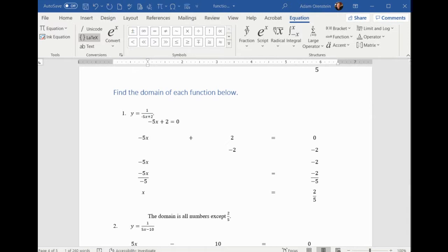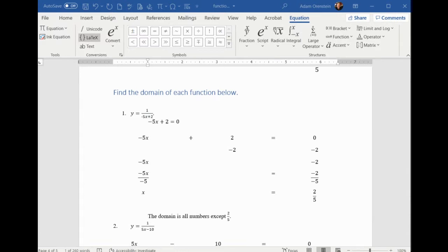You have it in the denominator, so the domain is going to be all x such that the denominator is not 0. What's the denominator here? Negative 5x plus 2. So we want to know when negative 5x plus 2 is not 0. Let's first determine where it is 0, and then we'll say the domain is everything else.